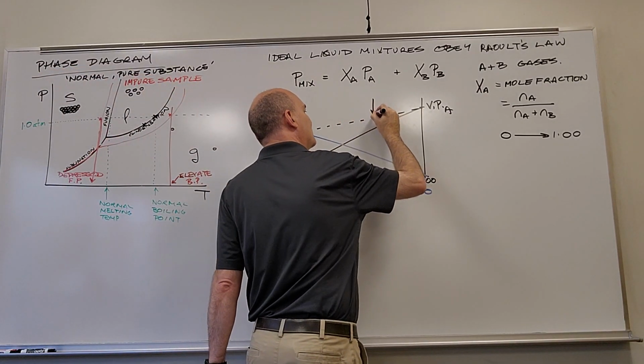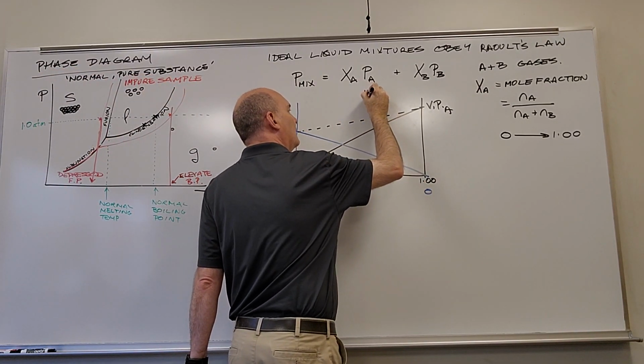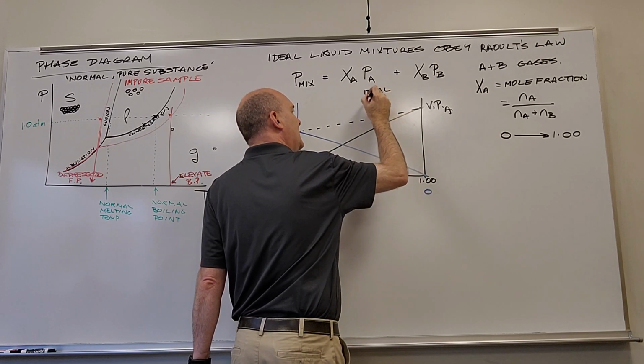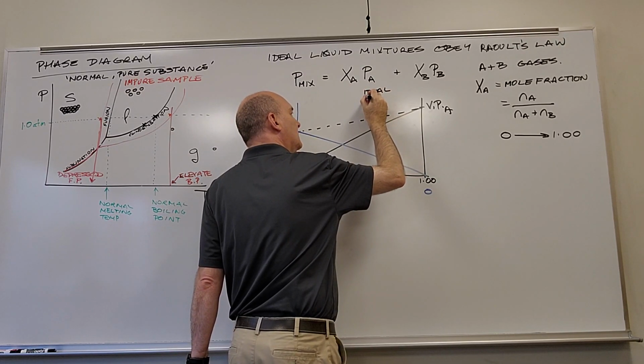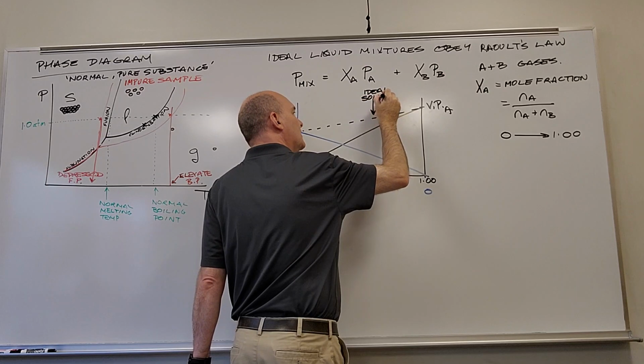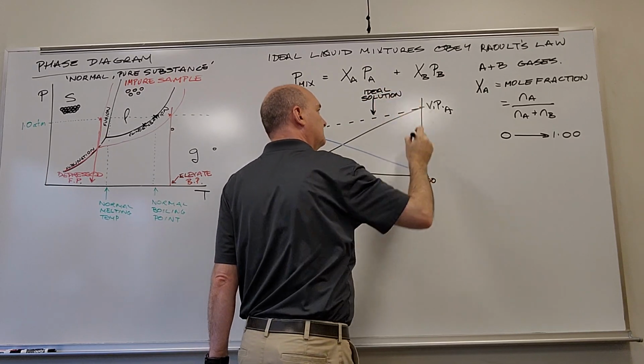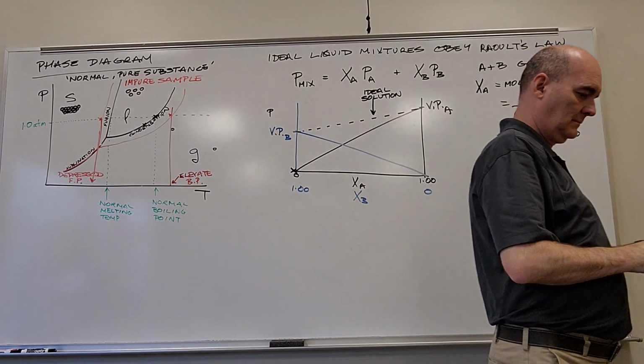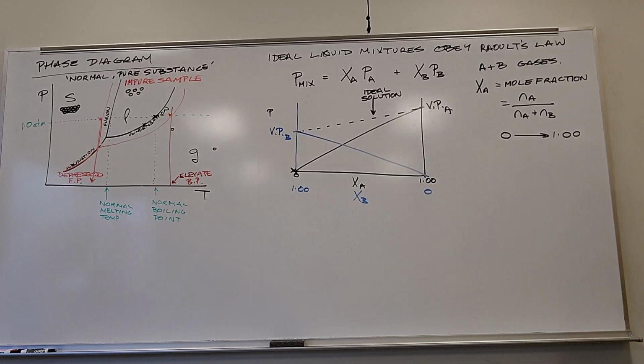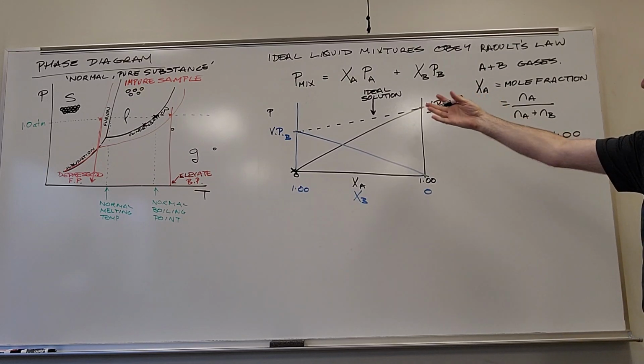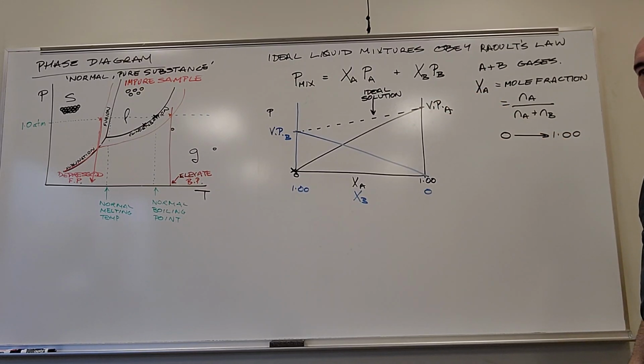And the vapor pressure of any ideal solution of two volatile liquids is those numbers added together.